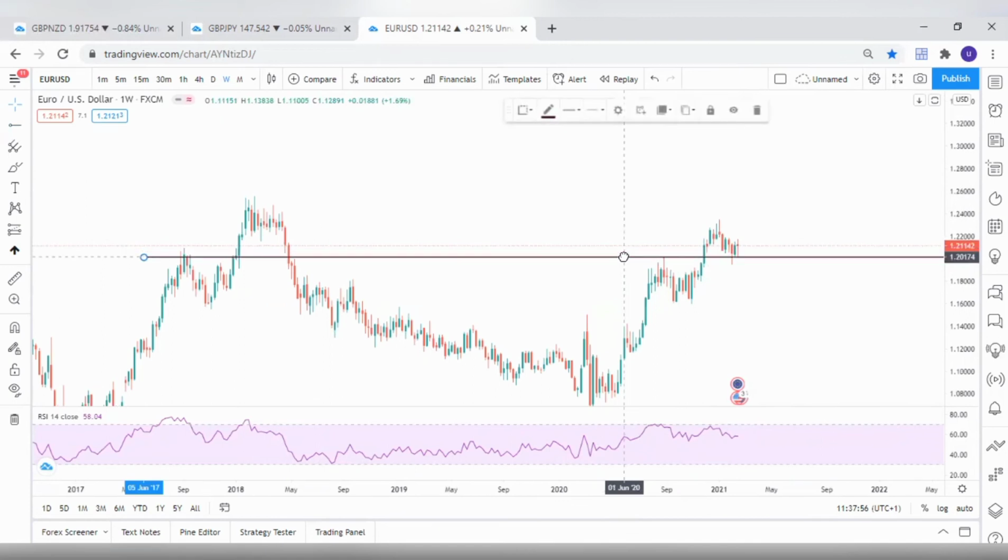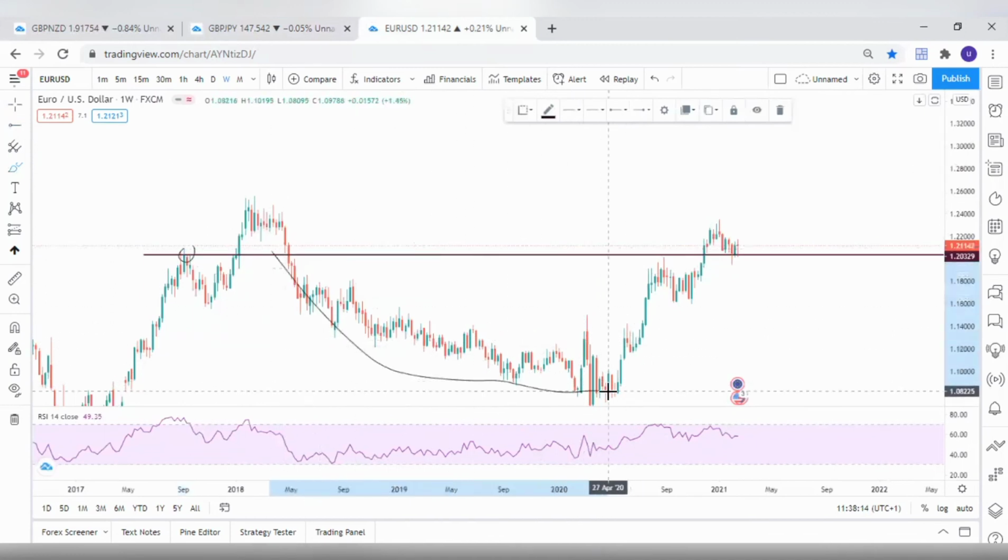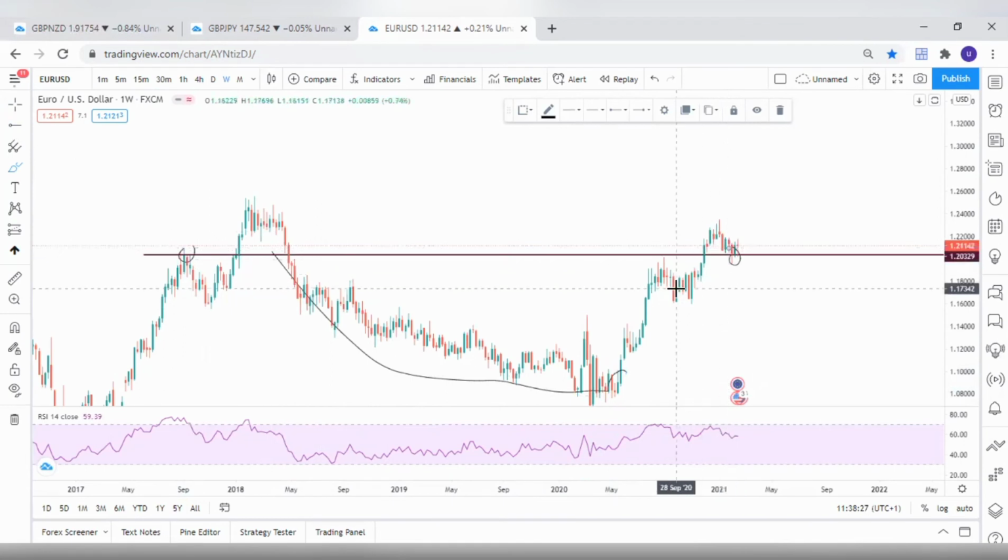From past data, you see that price failed to break this point, which was a resistance. It later broke, came down all the way, started creating a higher high and higher low to the upside, and finally price broke out, and here is a retest.